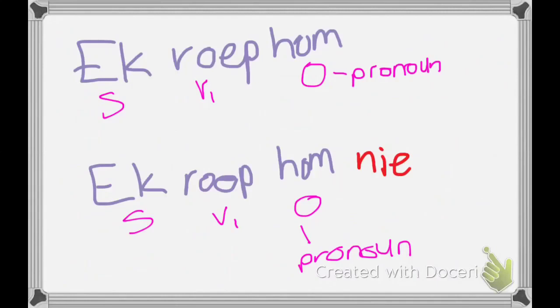"Ek roep hom," I call him. Again there's a pronoun directly after the verb, so we're going to put the nie directly after the pronoun instead of after verb 1. So now it's going to be "ek roep hom nie," I don't call him.